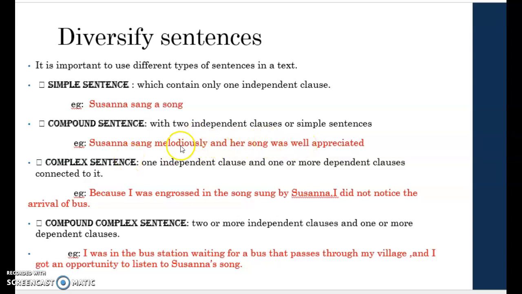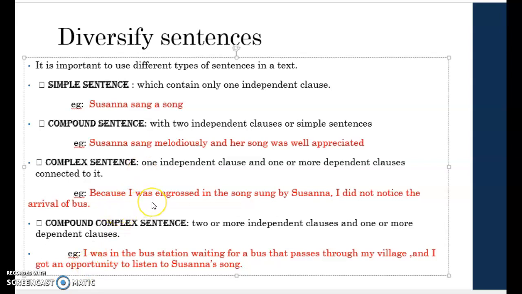Over here, you can see that the first part, Susanna sang melodiously, can stand on its own. In the same way, her song was well appreciated can stand on its own. So these are independent clauses. Now, complex sentences have one independent clause and one or more dependent clauses connected to it. Let's see that.